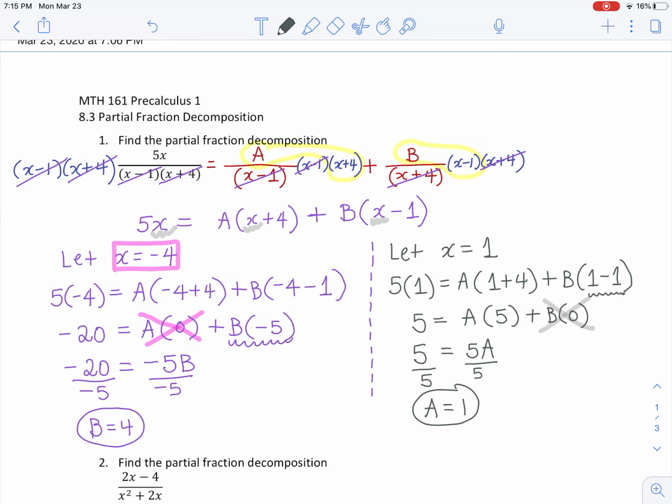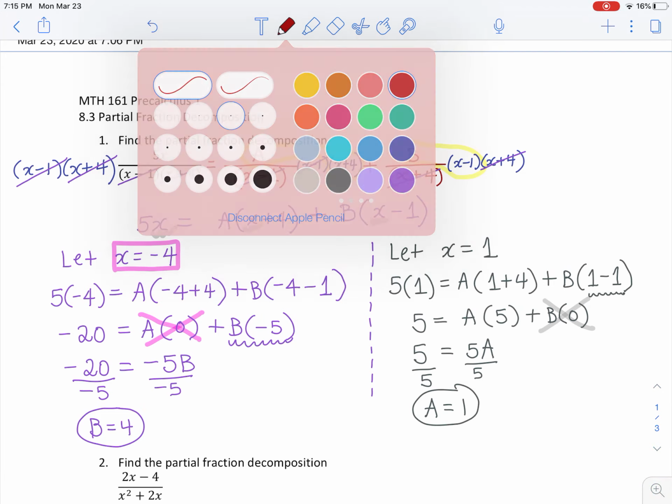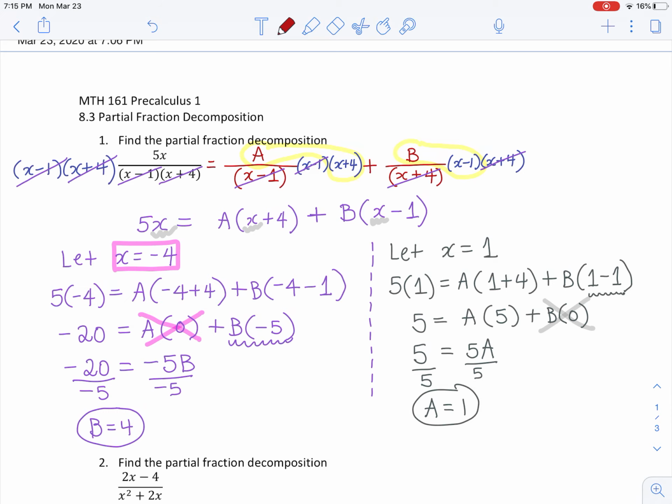Now, don't stop there, because when you do partial fraction decomposition, you want to break down a single fraction into two fractions. Let me write my final solution up here. Take a look at this first fraction. I need to write it as A over x minus 1.